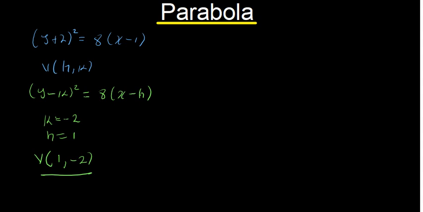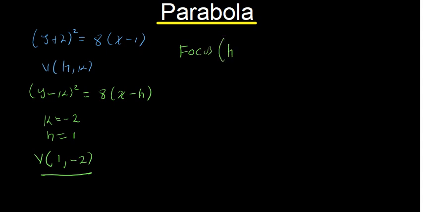For this one, remember, when it's oriented on the x-axis, the focus is (h + p, k). We already have our k and our h. What is remaining is for us to find our p.